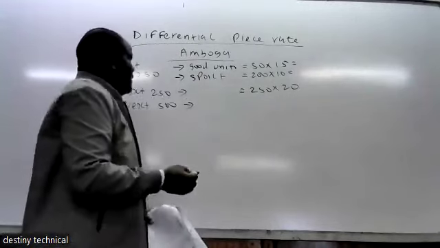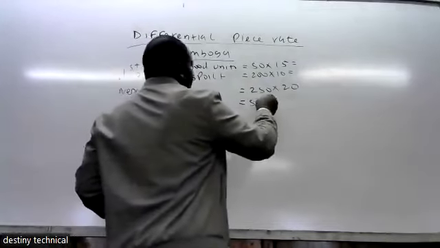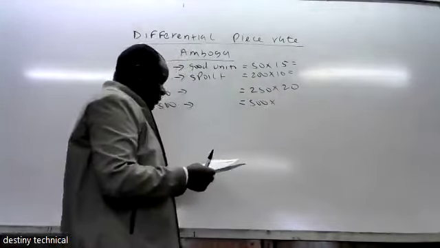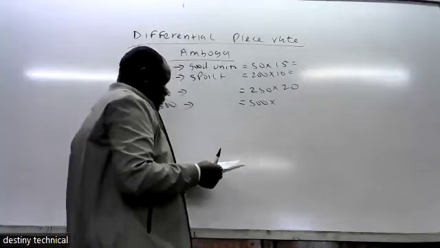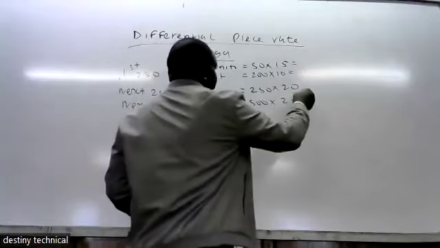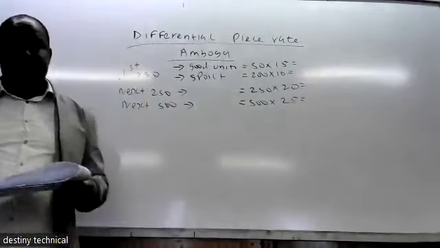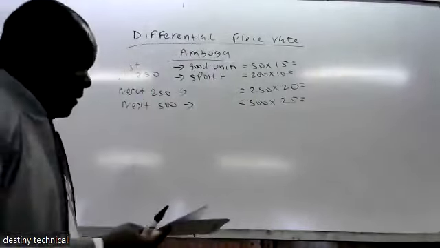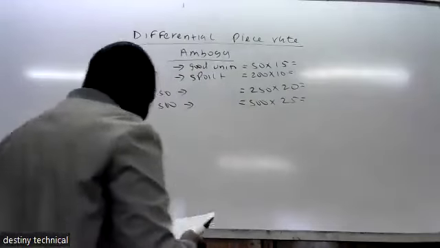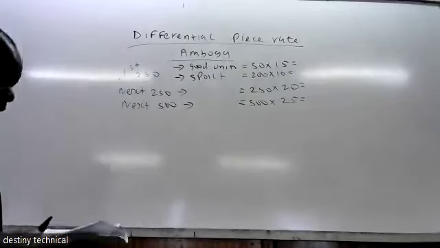So next 500, you simply take 500, but this one you multiply by 25. Then over 1,000.